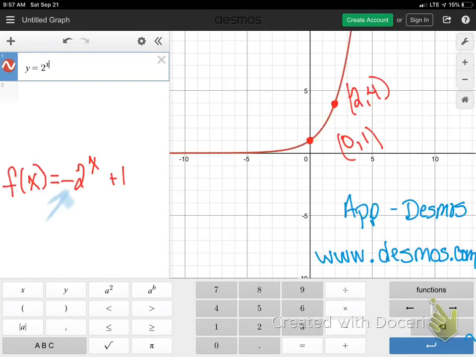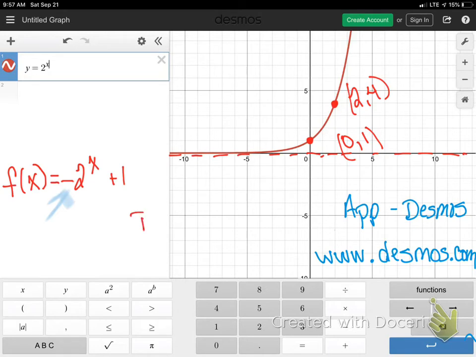Now, when I look at my parent function, I want you to realize that I have an asymptote right here. My asymptote is horizontal when I'm dealing with these exponential functions. So my asymptote is y equals 0, and that for my parent function affects my range.